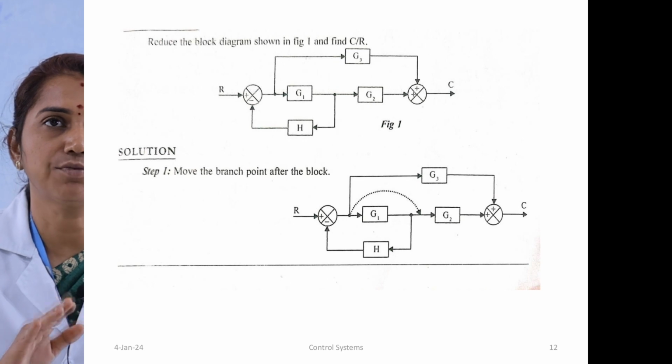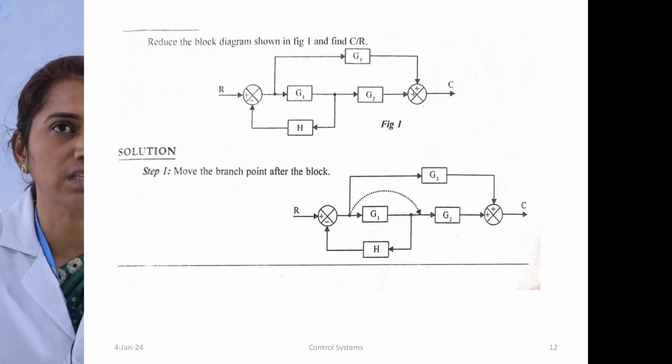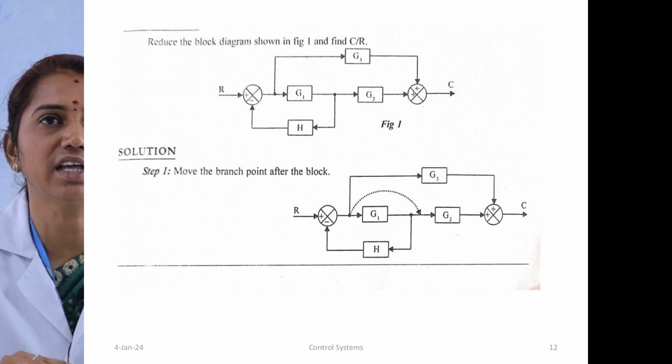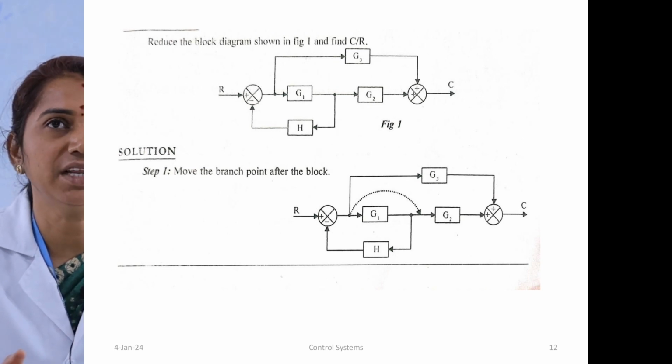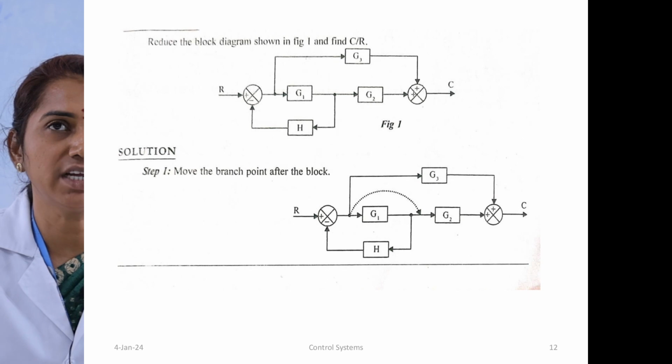So from this we see there is one input, one summing point, one block and one feedback. If it is like this, we are going to use the elimination of negative feedback. In the summing point there is a negative symbol. So we are going to use elimination of negative feedback loop. Same, 1 by G1 and G3 have been obtained continuously.